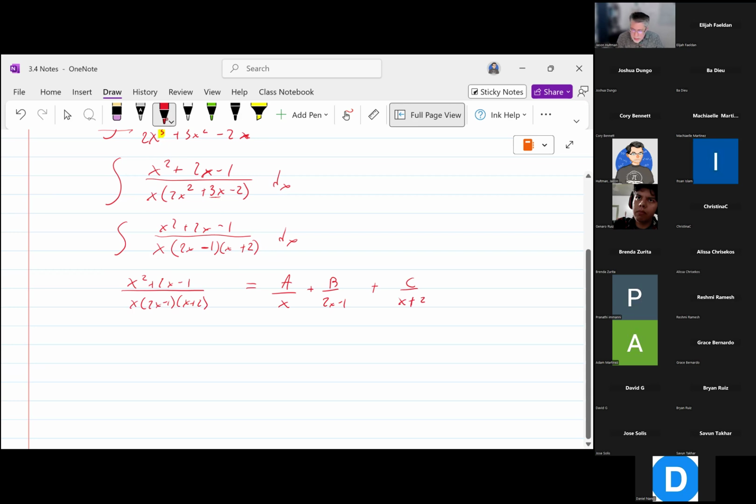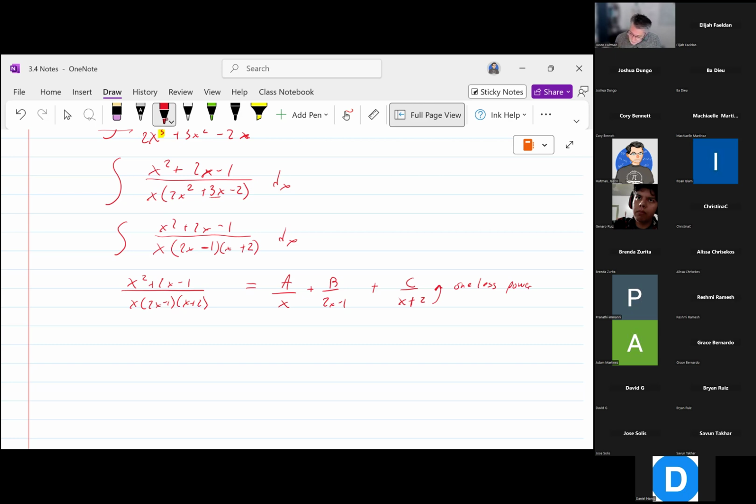In this case, the A, B, and C are going to be constants because the numerators are always one less power than the denominators. If I have a linear function on the bottom, then we end up with a constant on top.